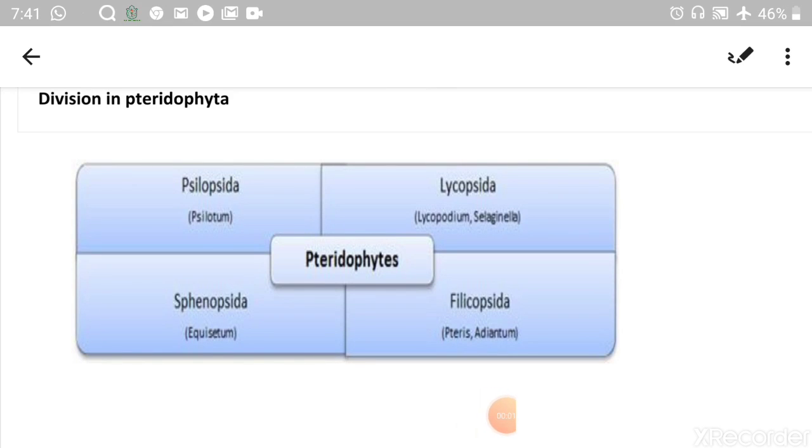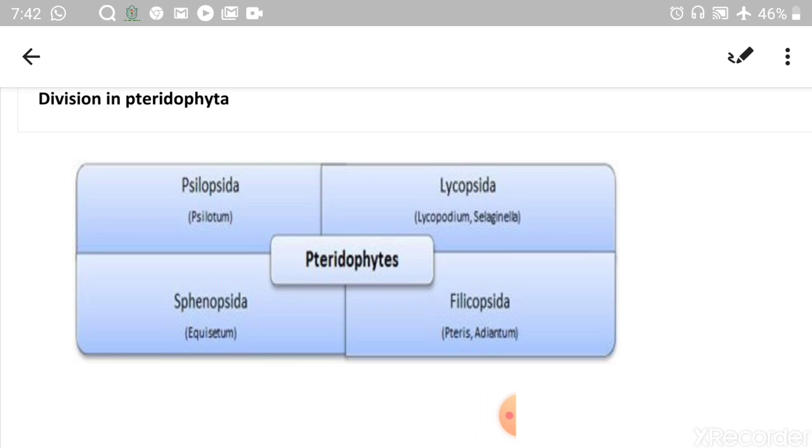Now these pteridophytes are further classified into 4 classes. These classes are Psilopsida, Lycopsida, Sphenopsida and Filicopsida. Psilopsida includes most primitive vascular plants where roots are absent. Only 2 primitive forms are living now, and these are Psilotum and Tmesipteris, which we study in this group, Psilopsida.